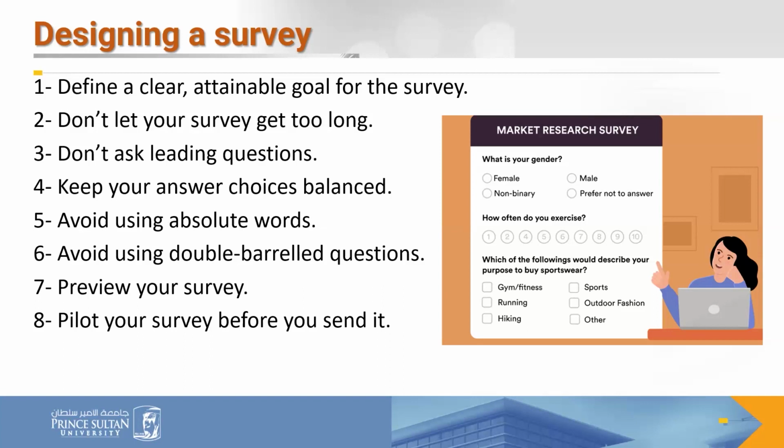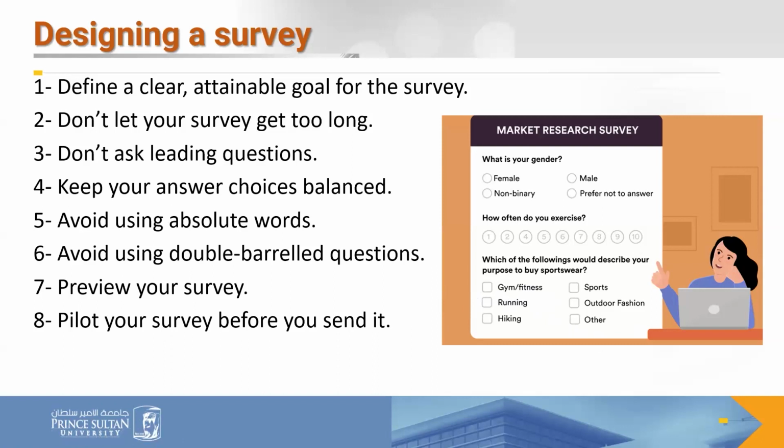Avoid using absolute words like all, every, always. Avoid using double-barreled questions that address more than one topic. And of course, preview the survey. And it's always better in all studies or all research methods we use to consult somebody on your work in order to validate it and to pilot it first.